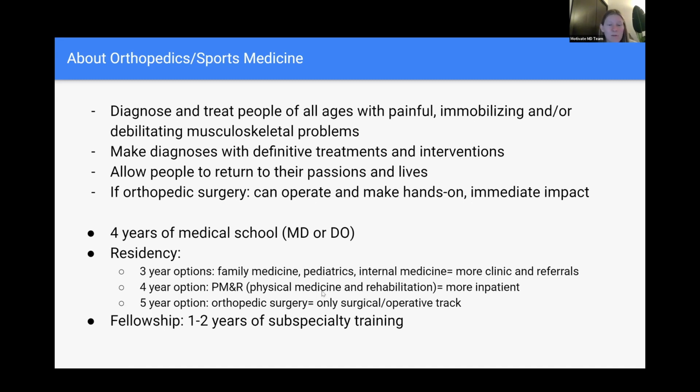That would be in the realm of a PM&R, or physical medicine and rehabilitation, doctor.